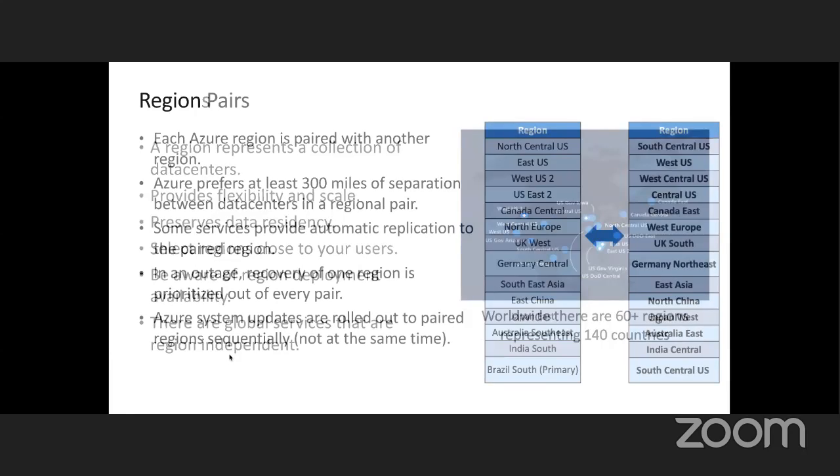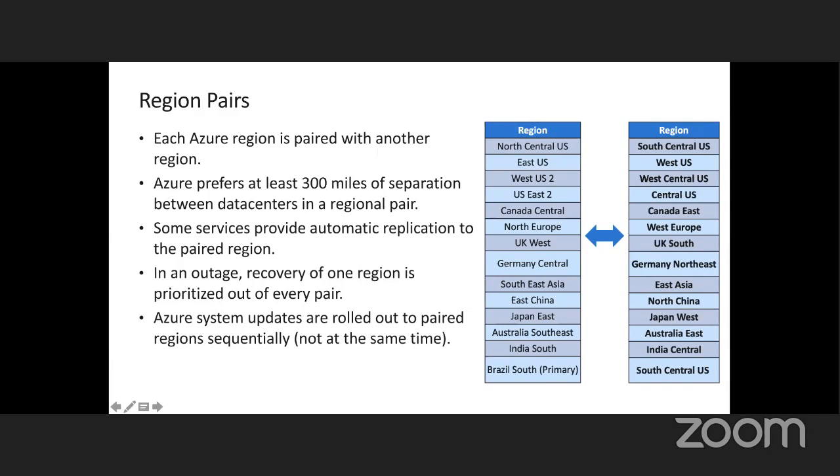And then we continue. So Azure has this concept of region pairs. Okay, so there are regions that have a specific pair. Like this one, North Central US is paired with South Central US, and it makes sense because they're putting that in opposite points, right? North and South, East and West.